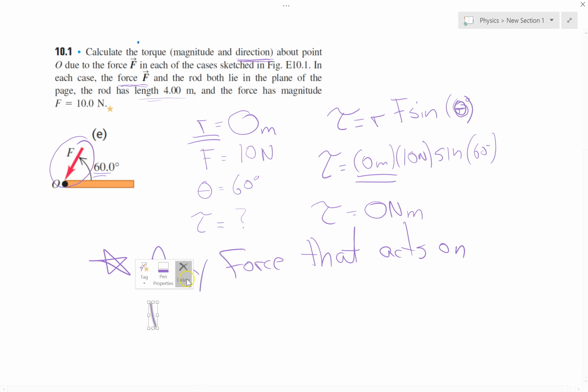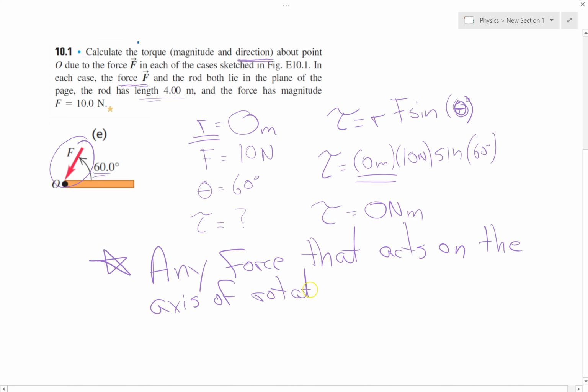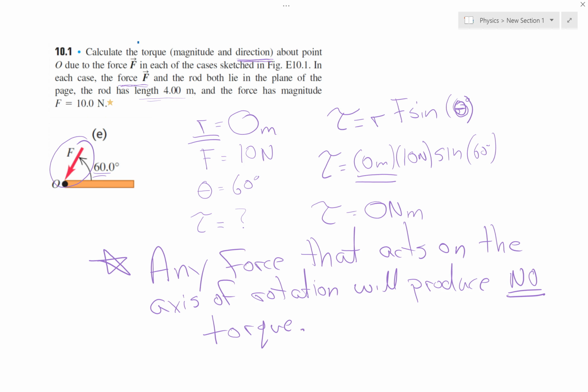I'm sorry, Geo. So any force that acts on the axis of rotation will produce no torque. What that means is that this force could produce a translation.